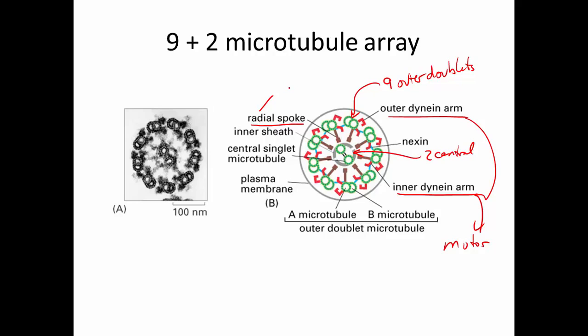This is like the control center. It is determining when the flagella or cilia is beating, when it's not, and what part of the cilia or flagella is moving. And then finally we have this nexin, and this is a connector. This basically holds together the neighboring microtubules.